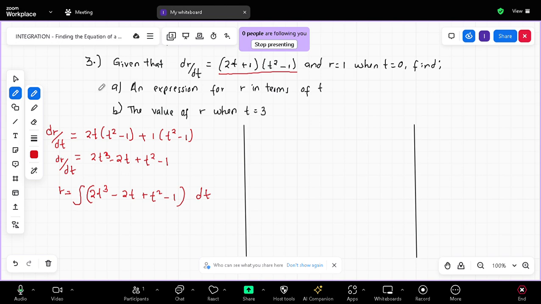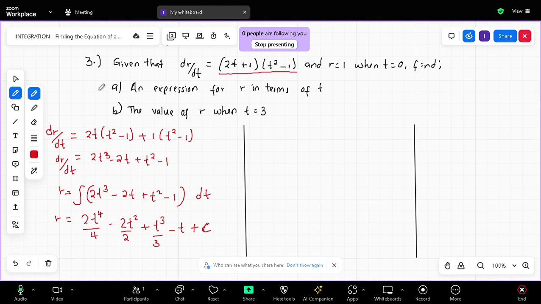So when you integrate 2t cubed, that gets you 2t power increased by 1, t to the 4, over 4, minus 2t squared over the new power 2, plus t cubed over the new power, which is 3, minus 1t, just the same as t, plus a constant term called c. So this is an expression for r.